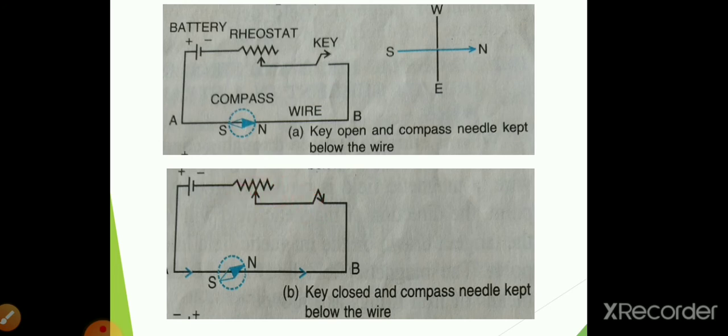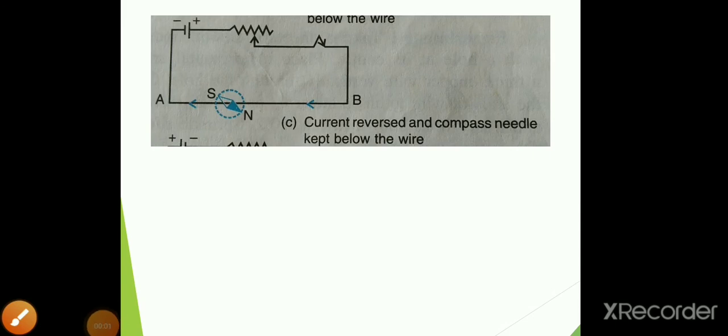In the third case, the current was reversed and the compass needle kept below the wire. Earlier it was positive to negative, now they have just reversed the positive and negative terminals. Now the current is flowing from B to A, that means from north to south.